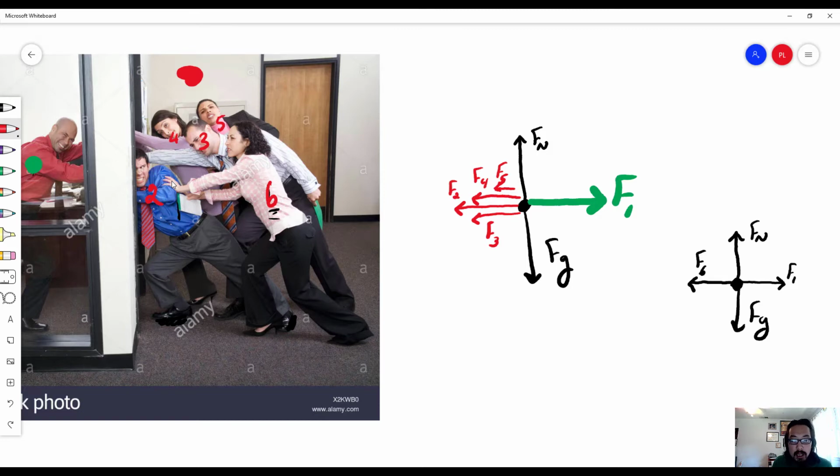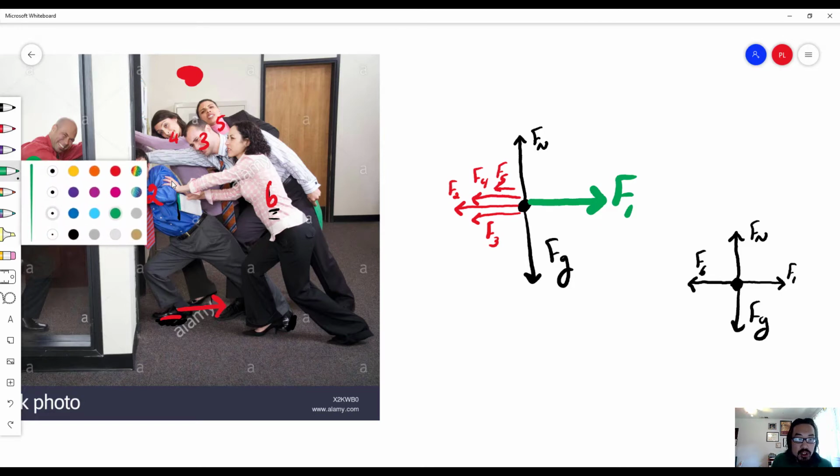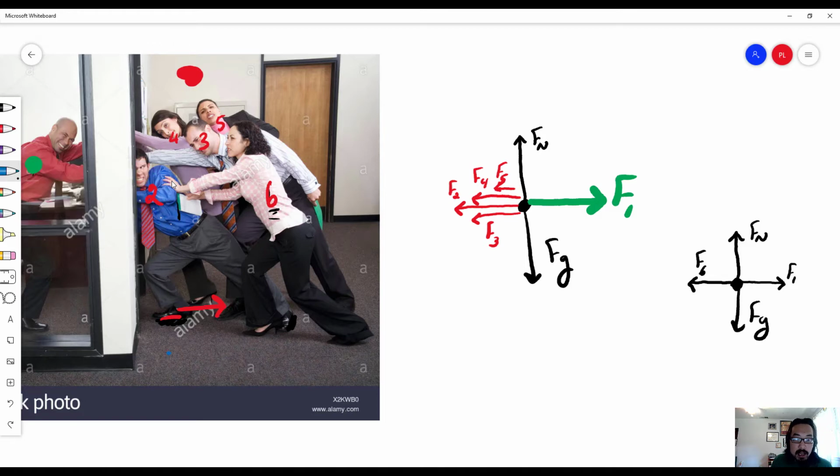So his feet want to slide to the right. But the force of friction will prevent that sliding motion because it's pushing to the left. I will label that up here as F of f for the force of friction.